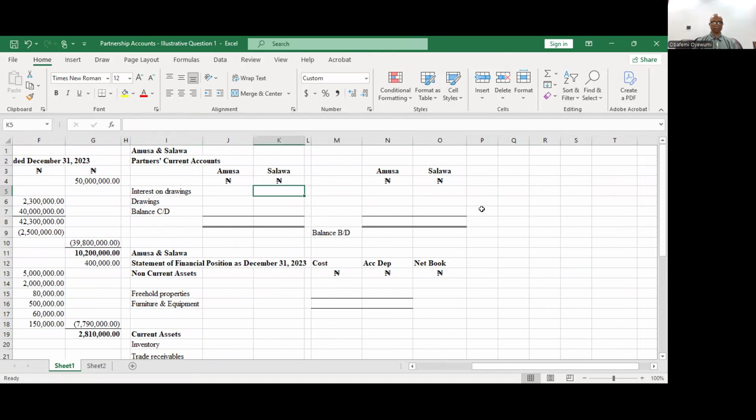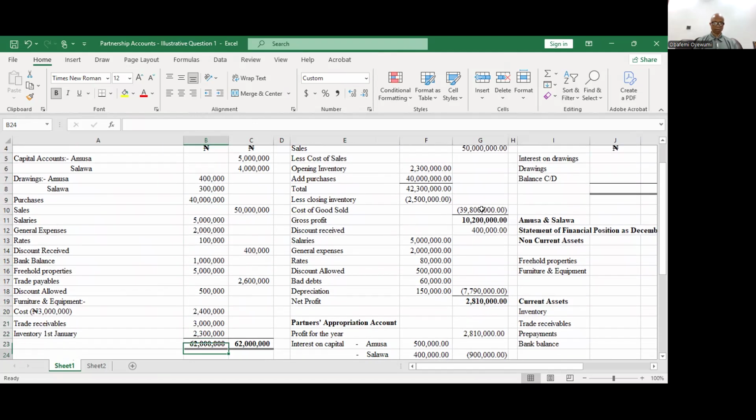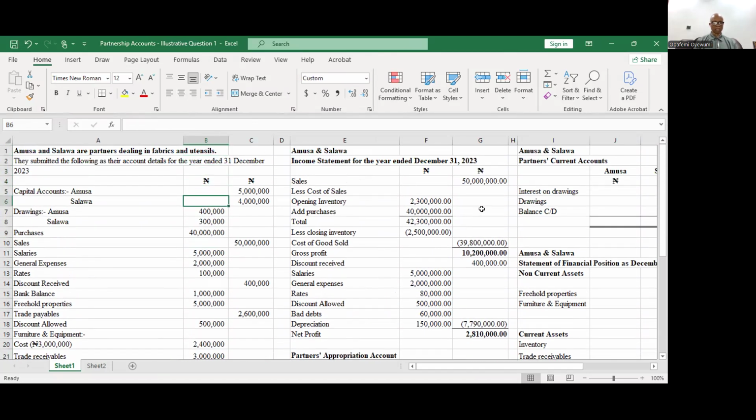So let's look at balance brought down, balance brought forward for Musa's current account. If they have any, we'll see it there. If they don't, then we'll move forward, and then we'll continue to just do what we have been told to do. So we only have capital accounts there.